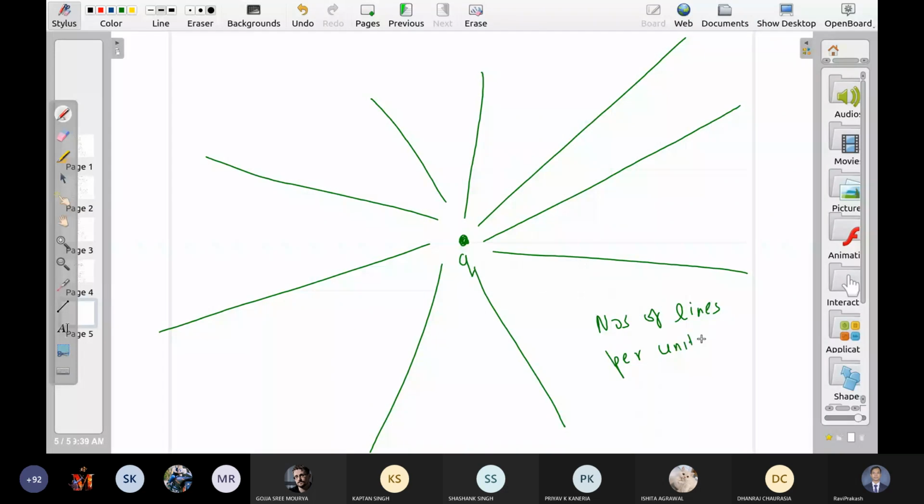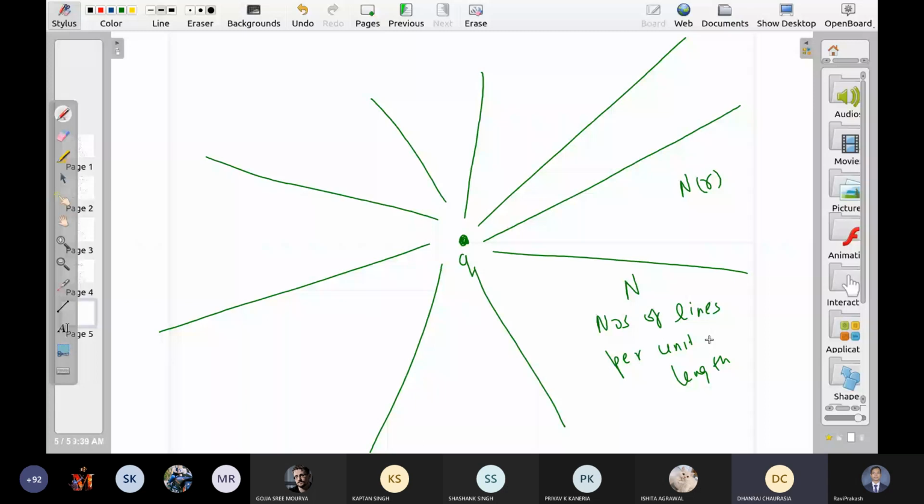So what is n proportional to? I mean, as you go away from the center, numbers of lines per unit length किस तरीके से डिक्रीज होंगी? लेंथ के इंक्रीज होने से, by increment of length.